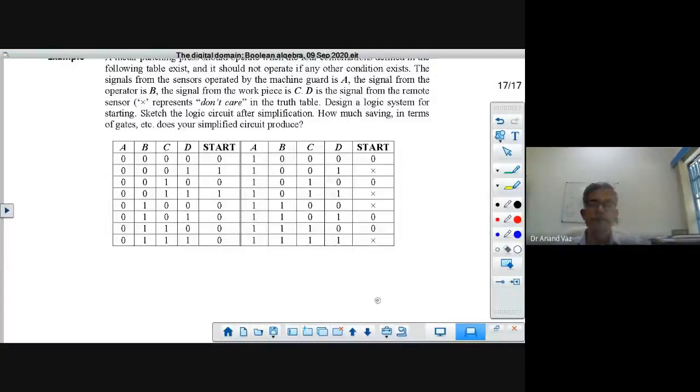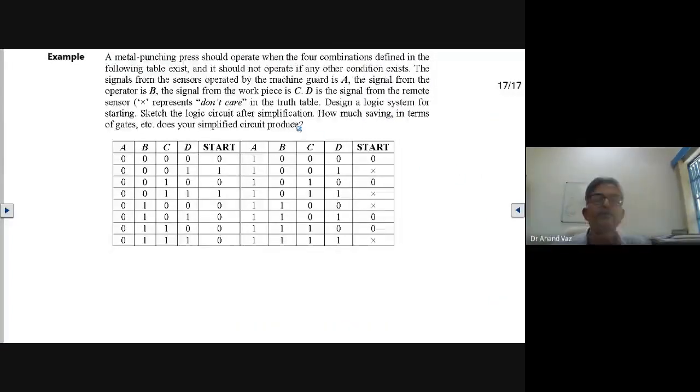Yeah, so here we have an example. There's a metal punching press. It should operate when the four combinations defined in the following table exist. And it should not operate if any other condition exists.